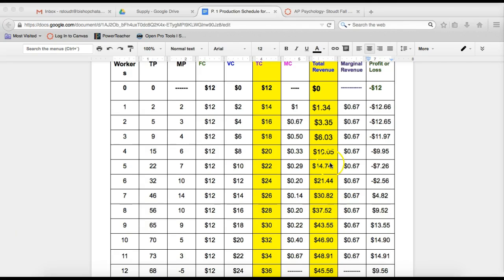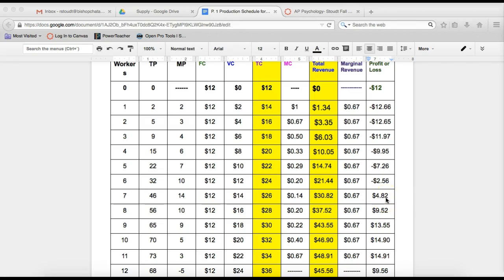So we last left off with 3 workers. Let's look at 4 workers. At 4 workers, you'd have a loss of $9.95. At 5 workers, you should have a loss of $7.26. At 6 workers, you should have a loss of $2.56. At 7 workers, you should all of a sudden be making money.